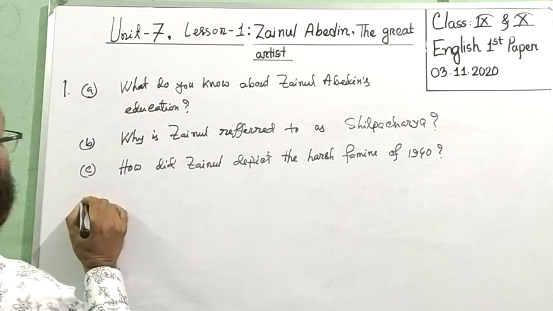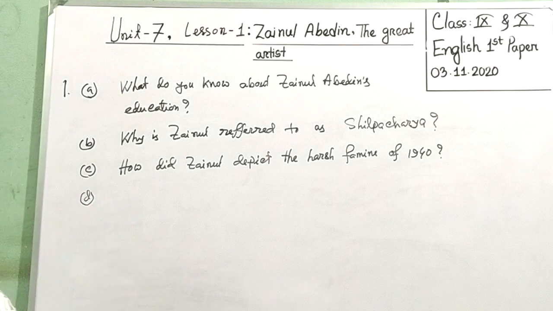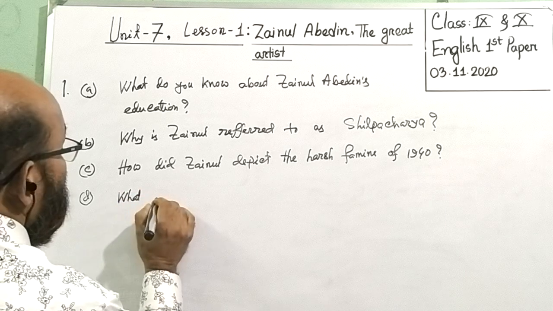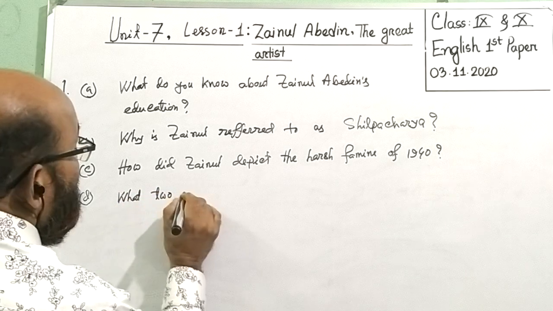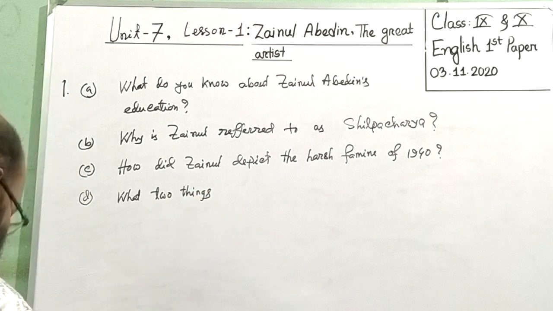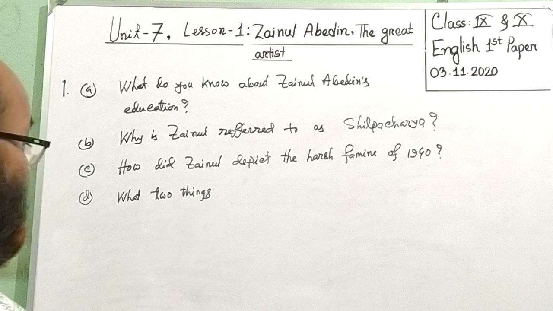Next number D. What two things did he found?